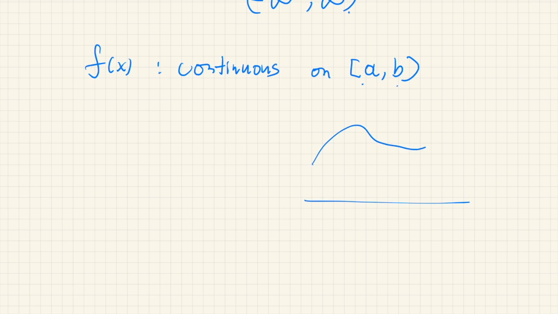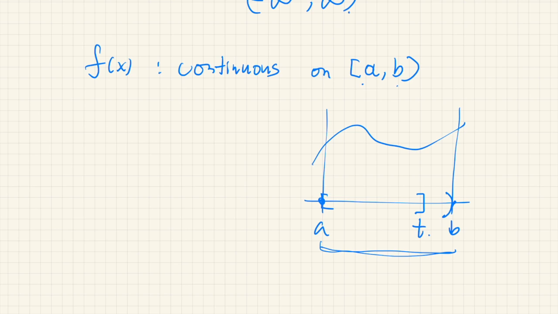So suppose the function looks like this, and it's defined between a, including a, and not including b. But we want to integrate over this interval. Okay, so here's how we do it. We first define a closed interval here. So let's say this is t, and then we integrate from a to t.